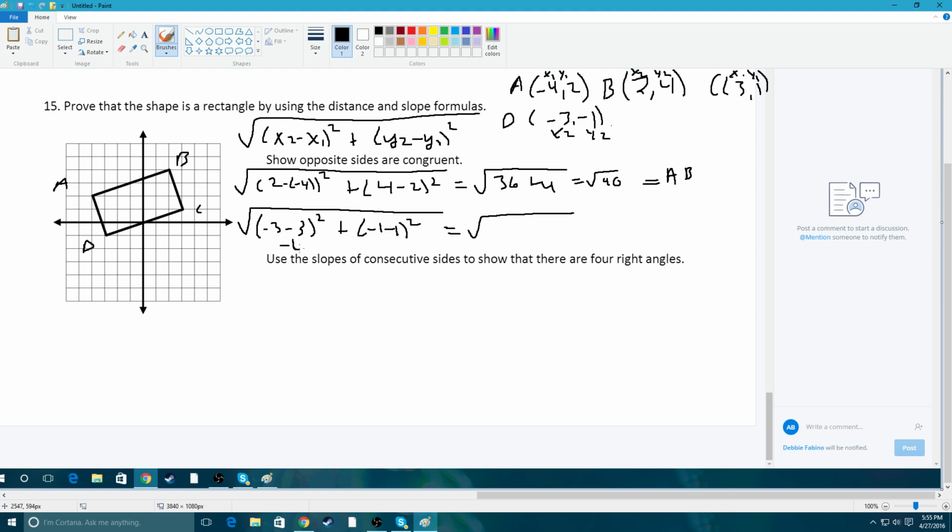Negative 3 minus 3 is negative 6. Negative 6 squared is 36. Negative 1 minus 1 is negative 2 squared, which comes out to a positive 4, or the square root of 40. AB and DC are equal.